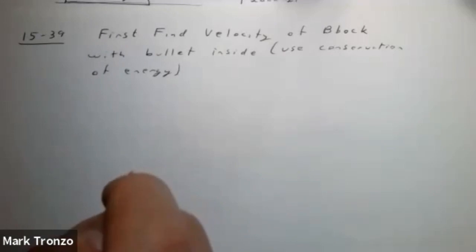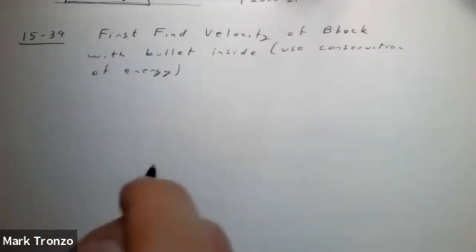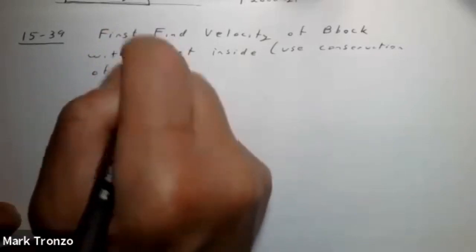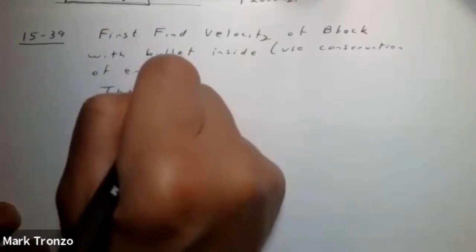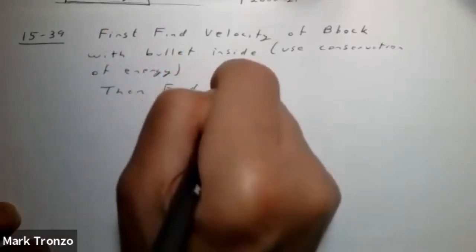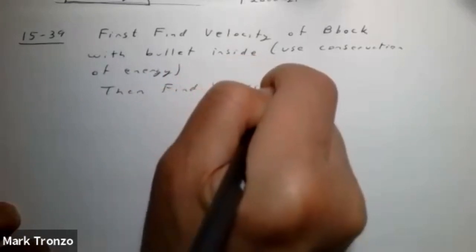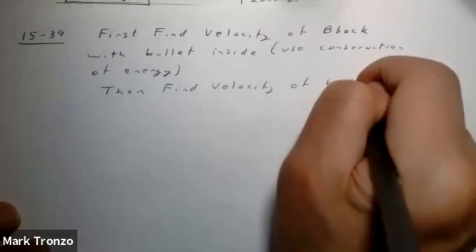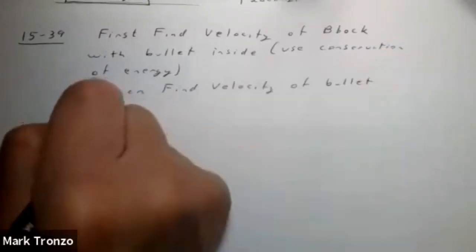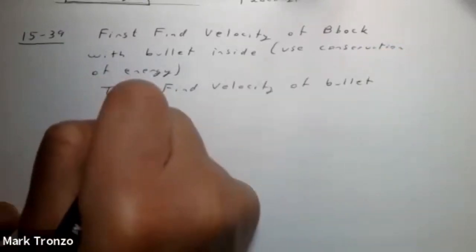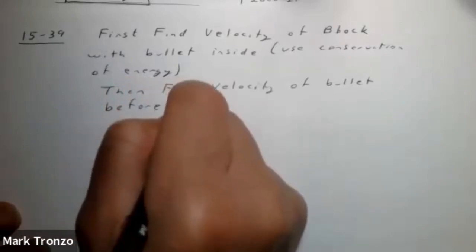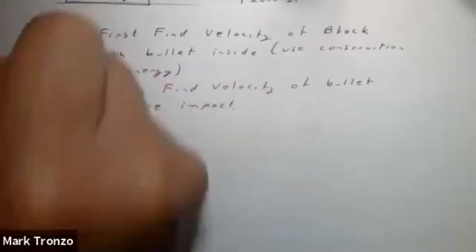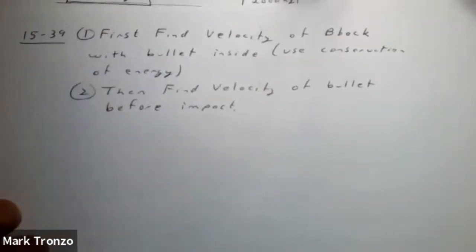And then we can go back and find the velocity of the bullet. So we have to work backwards on this one. This would be step 1 and step 2.